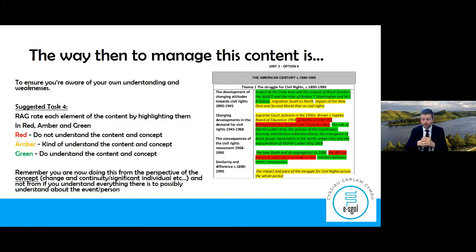For example, for the impact of Jim Crow laws and erosion of black freedom, it's not about whether I know everything there is to possibly know about Jim Crow laws and erosion of black freedom, but whether or not I'm aware of the causes and the consequences of these different laws.